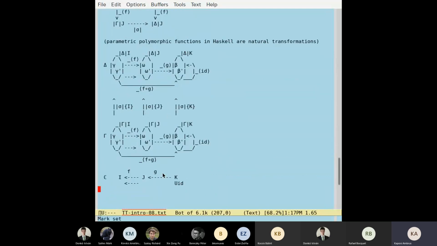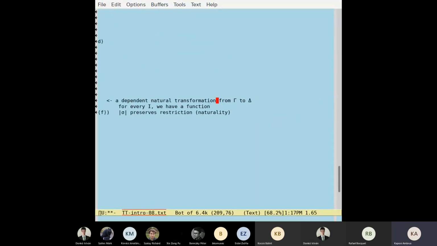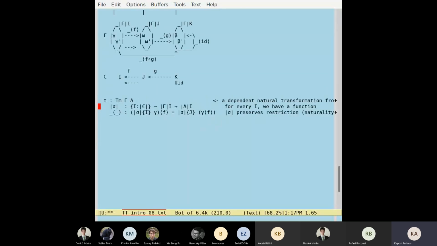And then just quickly, what are terms? So terms are just dependent versions of these substitutions. Okay, so a term between gamma and A is a kind of dependent natural transformation from gamma to A now. So let's see, the T component now doesn't go from gamma, it goes from gamma I again, but it doesn't go to delta I, it goes to AI.